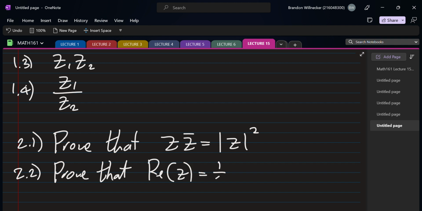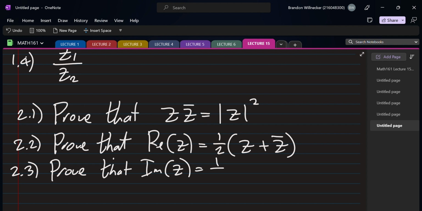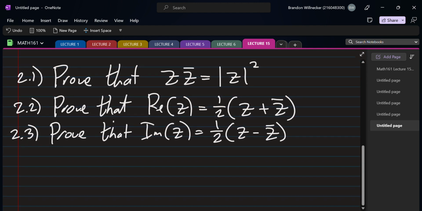Prove that the real part of Z can be written as 1/2 (Z plus Z bar). 2.3. Prove that the imaginary part of Z is equal to 1/2 (Z minus Z bar).